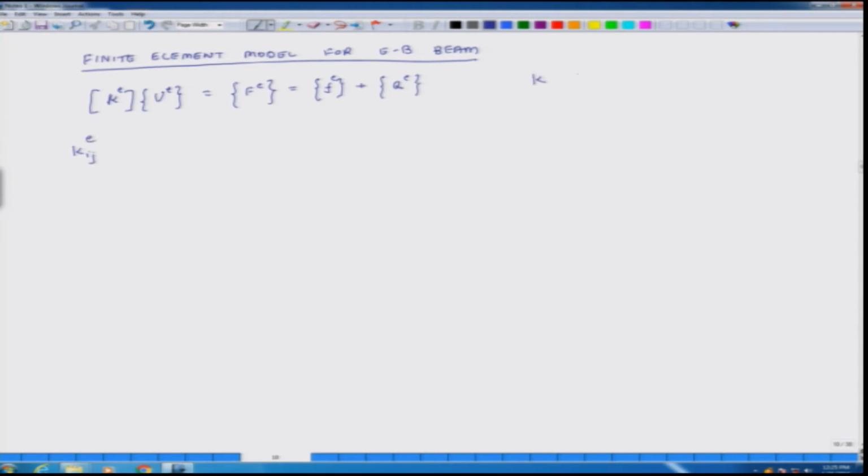Now, Kij. If I have a two noded element, then there are 2 degrees of freedom here and 2 degrees of freedom here. So, the size of this K matrix will be 4 by 4, a total of 4 degrees of freedom.